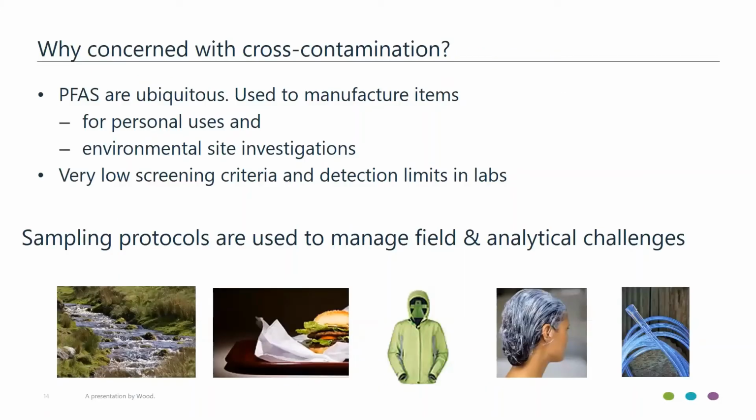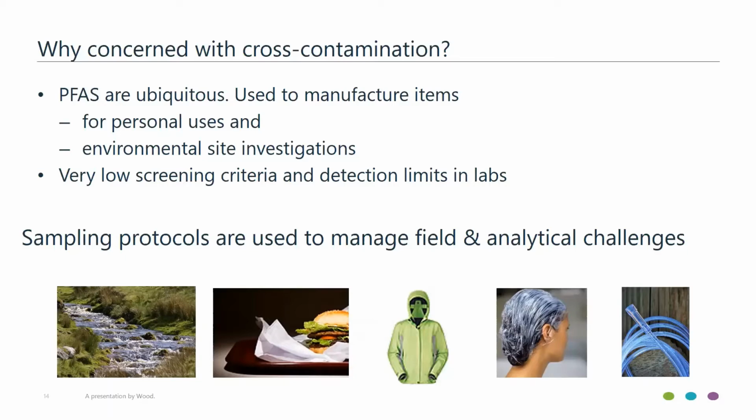So sampling for PFAS can be a little bit challenging. One of the reasons it's challenging is that we're looking for very tiny amounts of PFAS. So the health advisories are around a drop of PFAS in an Olympic-sized swimming pool. So it's a very tiny amount of PFAS that we're looking to find. And you add that to the fact that PFAS in general are still quite ubiquitous.